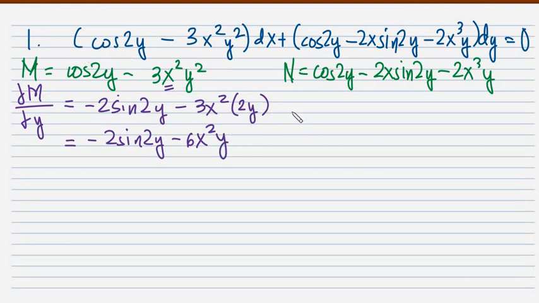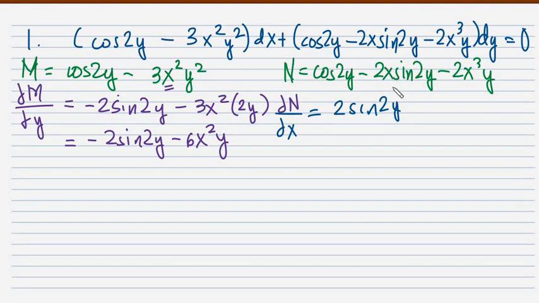Now let's go to our N. We will now get the partial derivative of N with respect to x. Cosine 2y, this whole term is a constant. We consider this constant because we are getting the partial derivative with respect to x. And then here, 2 sine 2y is constant.